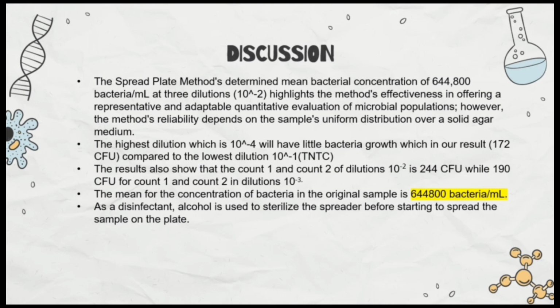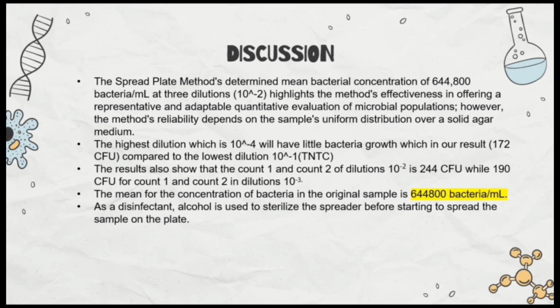Next is the discussion part. The spread plate method calculated a mean bacteria concentration of 644,800 bacteria per ml across 3 dilutions, highlighting the method's effectiveness in delivering a quantitative evaluation of microbial population.